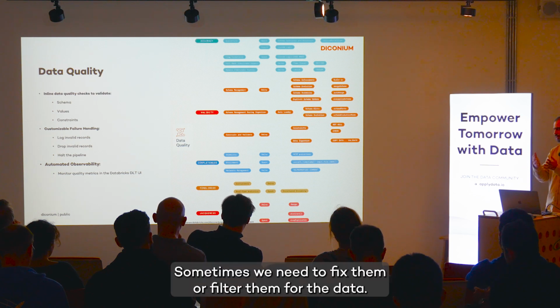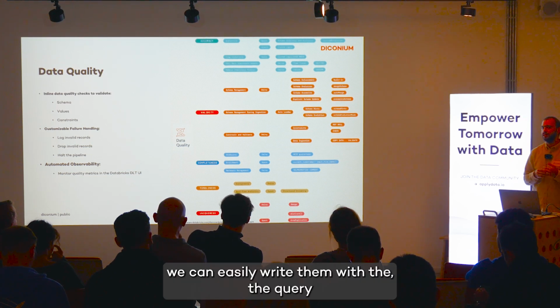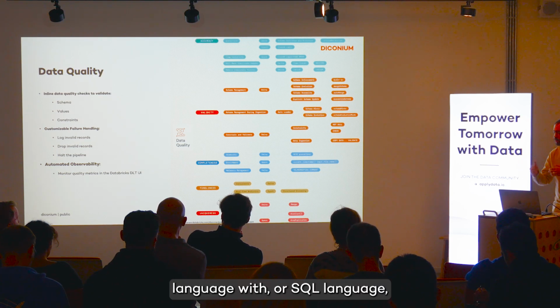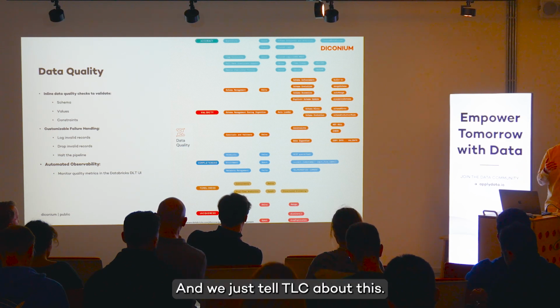Sometimes we needed to fix them or filter them from the data. But we found that with the data quality features of DLT, we can easily write these rules with the query language or SQL, and DLT will manage it for us, we just tell DLT about this.